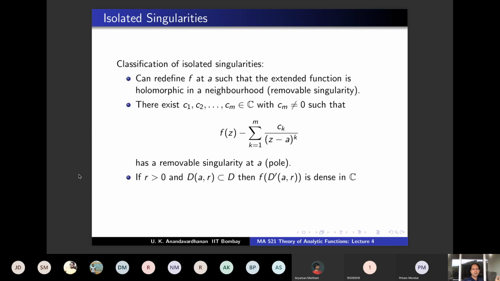You have a sequence in the deleted neighborhood D'(a, R) such that f(z_n) converges to this point in C. It's dense in C. In this case, you call it an essential singularity.